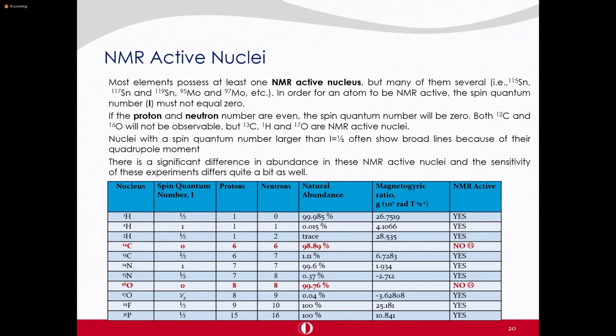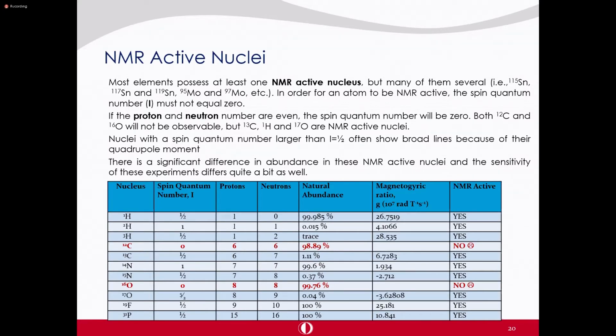So here, for instance, you see that carbon-12 is not NMR active, and oxygen-16 is not NMR active, but proton-1, with just one proton, has a quite high abundance and is NMR active.